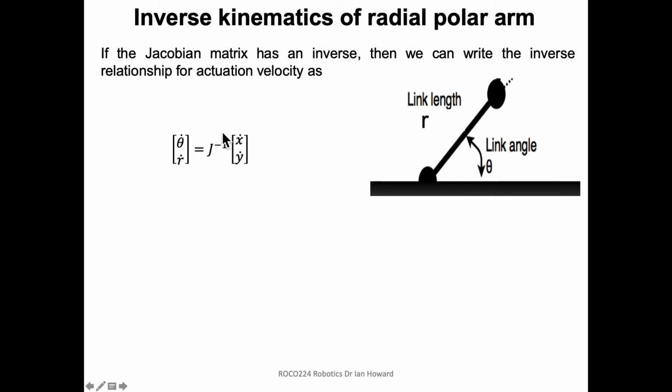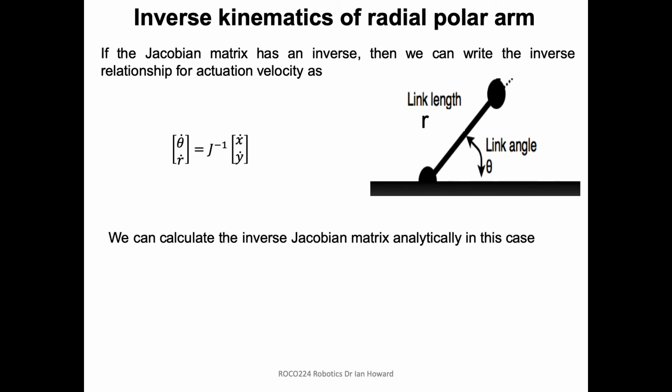We multiply by the inverse Jacobian, and we can get out the angular velocity at the control joint and the angular velocity of r, the rate of change of the length. So if it was a prismatic actuator, it's the speed at which the radius actuation was going in and out.